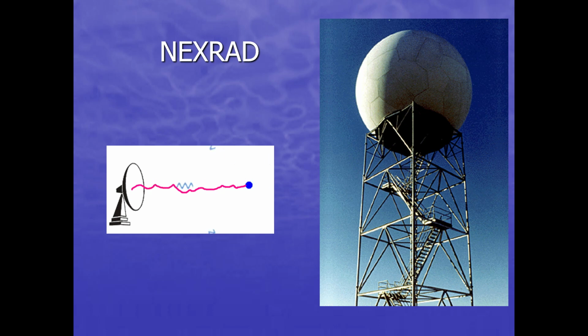But some of that power is being returned back to the radar, and depending on how much power is returned, we get an idea of how intense the rainfall is that the radar is hitting. Now, this radiation pulse travels at the speed of light, so we know the speed of light is a constant, and we can tell how long it takes to get there and back, and that gives us some idea of whether or not the storm is moving towards us, moving away from us, and really how far away it is.